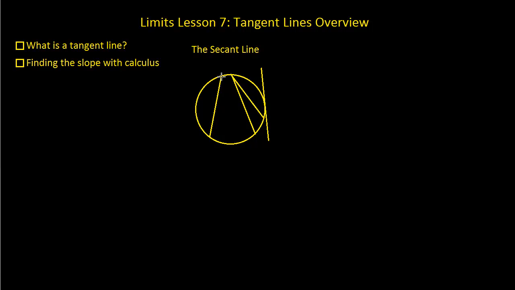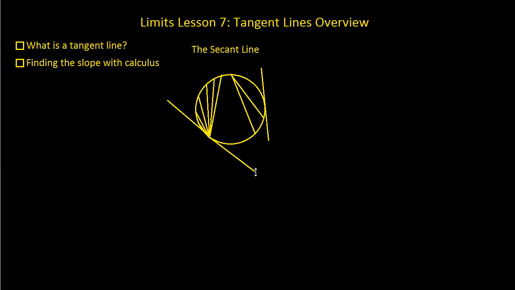So, for example, if we took this secant line here, and we started from over here, and moved along the outside of the circle like this, and kept going, eventually we're approaching the tangent line for this circle.